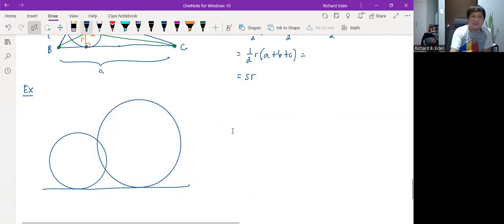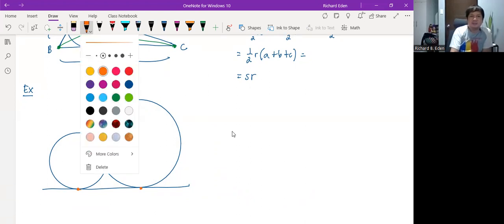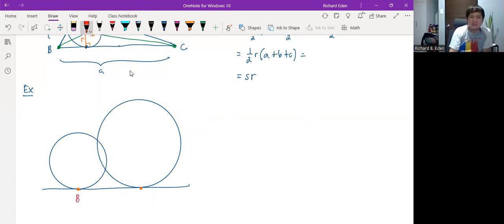Okay. And then points of tangency here and here. Let them be points B and C, and then A. Ayan. O, di ba mas madali? Tagal-tagal kanina. Arbelos.